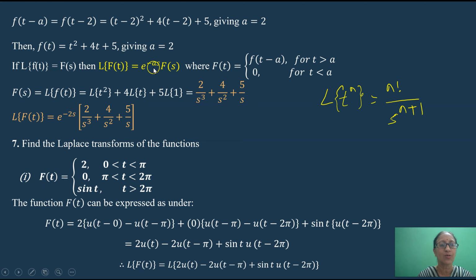Here a equal to 2, that's why we have written e power minus 2s. So this is the Laplace transform of small f of t equal to t square when t is greater than or equal to 2, 0 when t is less than 2.